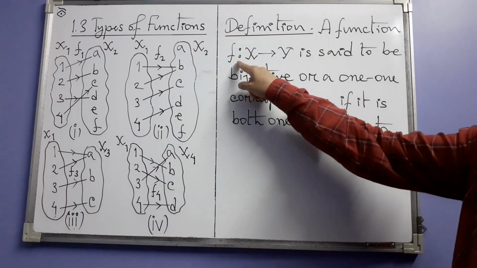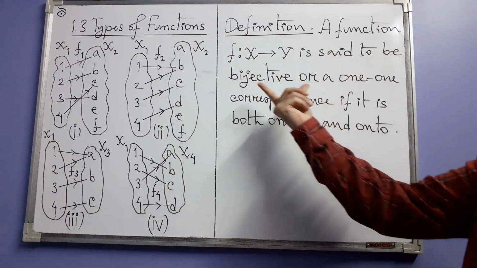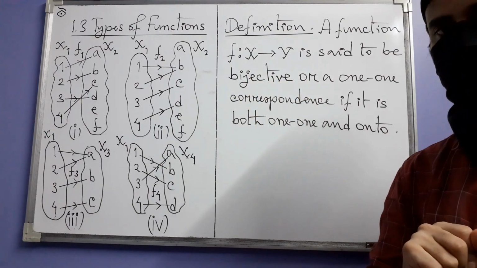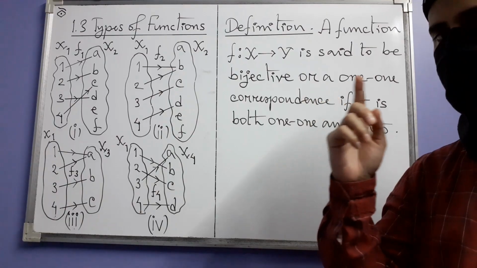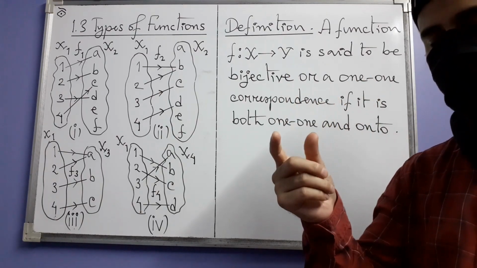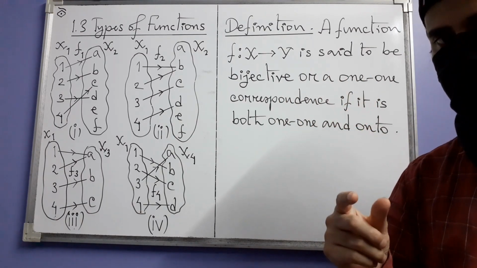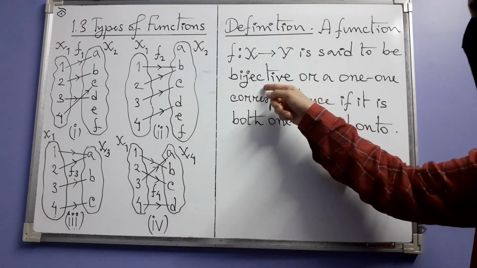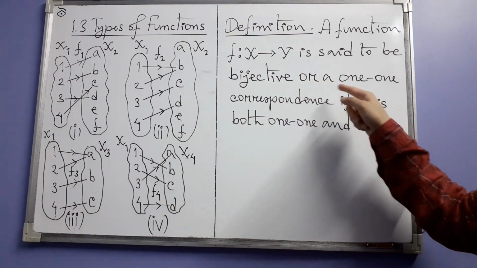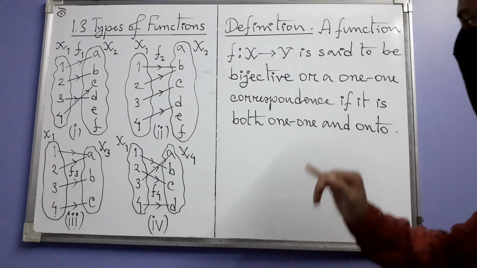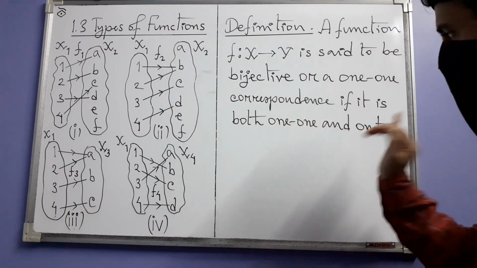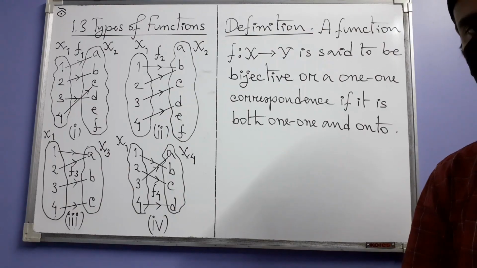A function f from X to Y is said to be bijective, or a 1-1 correspondence, or a 1-to-1 correspondence, if it is both 1-1 and onto. The 1-1 one is also called injective, and an onto function is also called surjective.